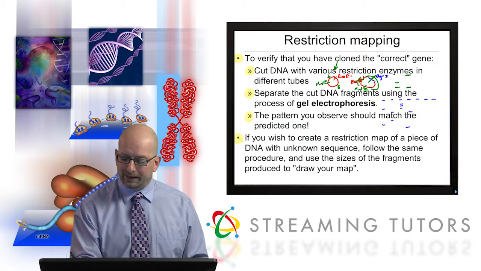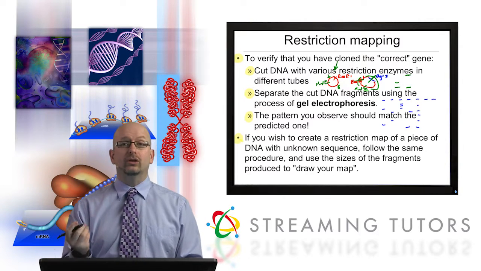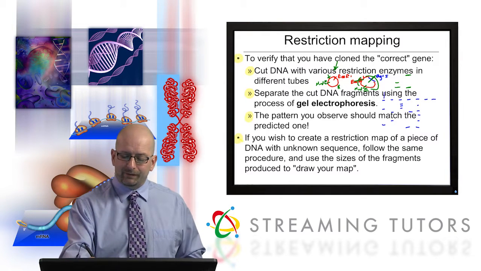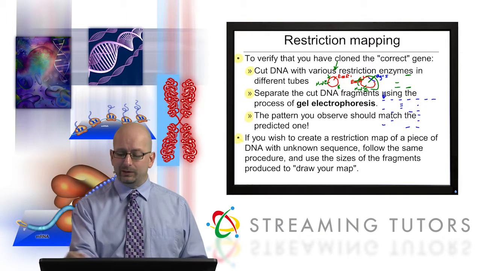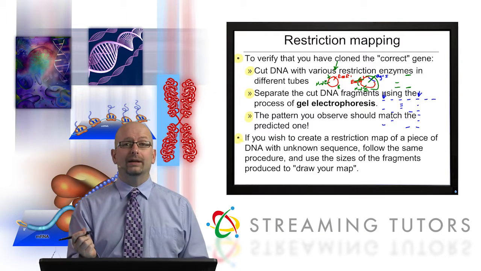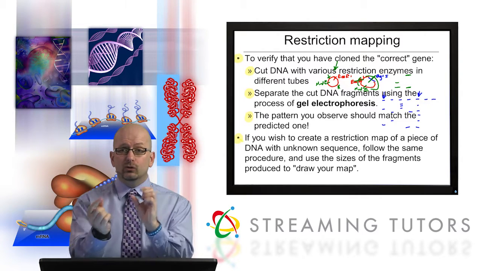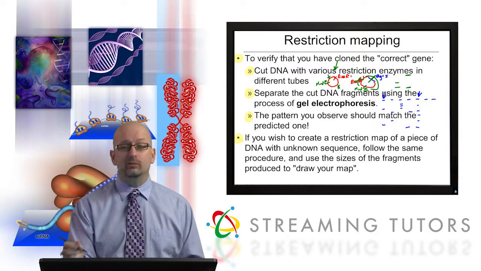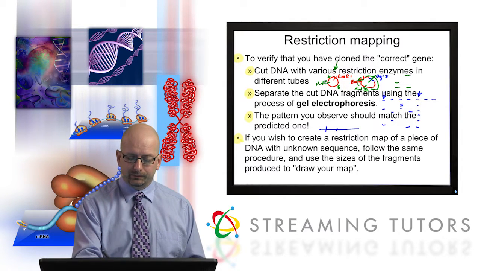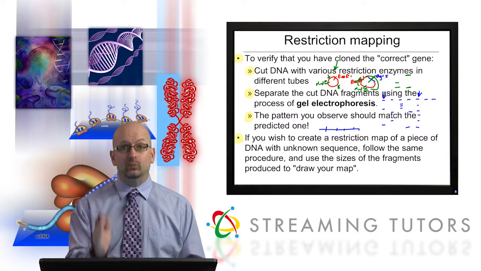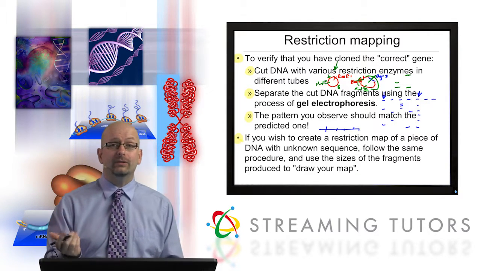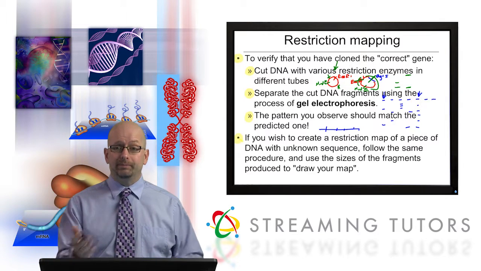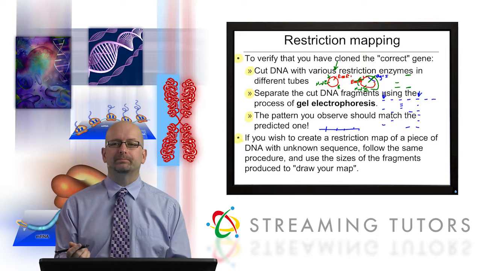I'm just totally making them up, but it becomes like a detective story, and you can use all that information to deduce, okay, if I digested with this enzyme and I got these pieces, and I digested with this and I got these, and then I put them together, you can start deducing a map, sort of like the one we drew on the page before, where you're going to have all these different spots where the enzyme cuts. And sometimes that's very good information to have. You might rather have the whole sequence, but this is a good starting spot.